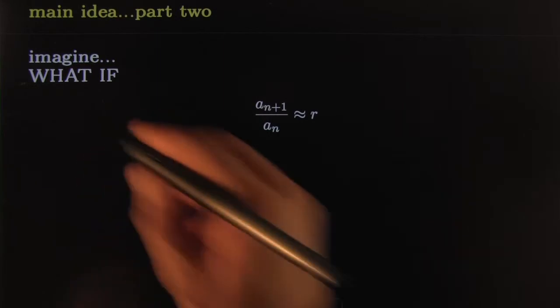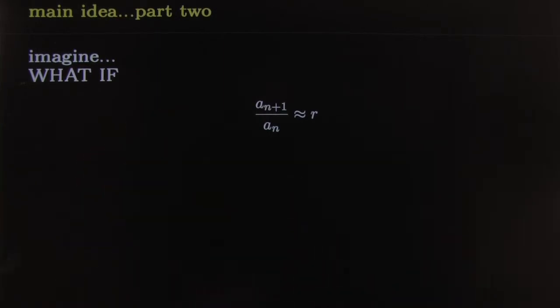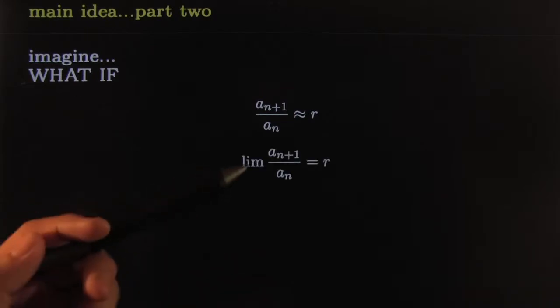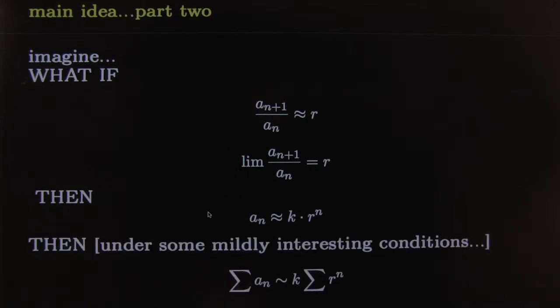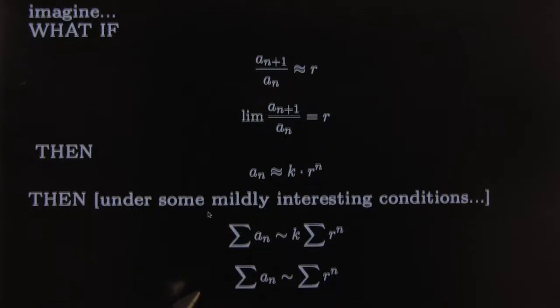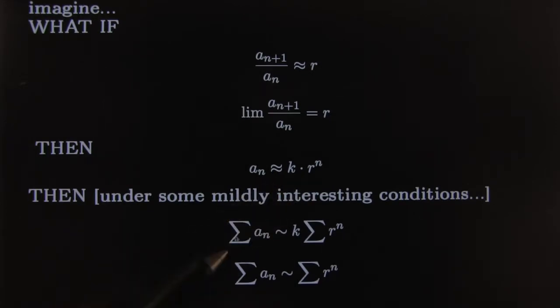Alright, so let's make that formal then. Based on that little discussion, we make the following claims. If that limit is equal to r, then of course your sequence is like a geometric one. And then under some reasonable conditions, you can slap sums on both sides.